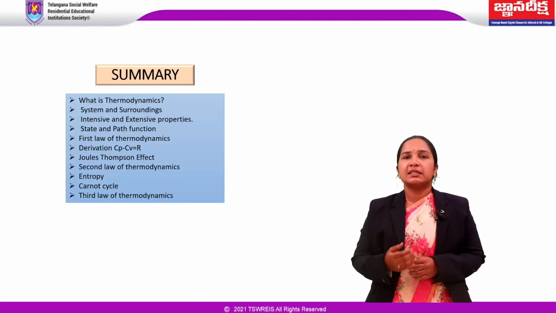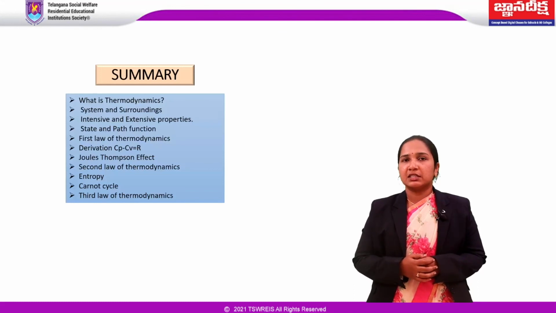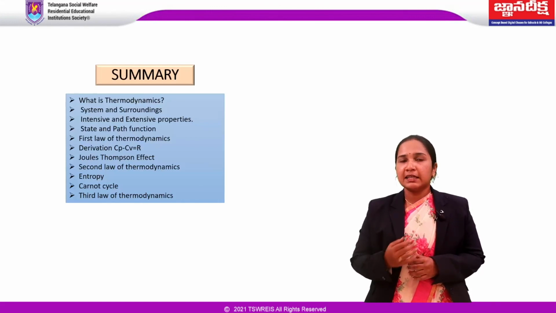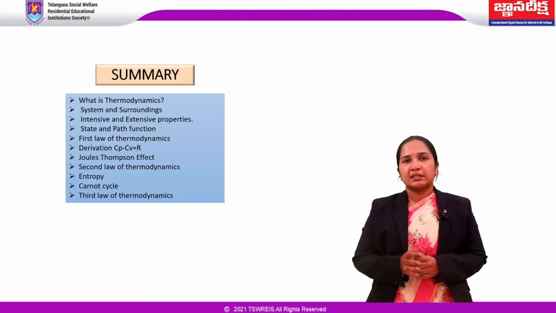Entropy is the degree of disorderliness. If we consider solid, liquid and gases, in solid the degree of disorderliness is very less compared to liquids and gases. In gases, the degree of disorderliness is really large and the entropy is really high.